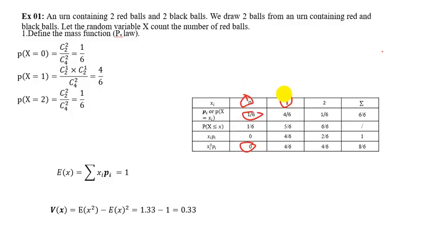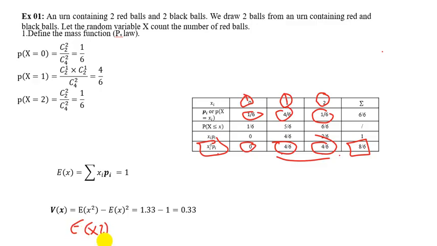We square 1, we multiply it by its probability, we get 4 over 6. We square 2 and multiply it by the probability, we get 4 over 6. The total is 4 over 6 plus 4 over 6, which is 8 over 6.